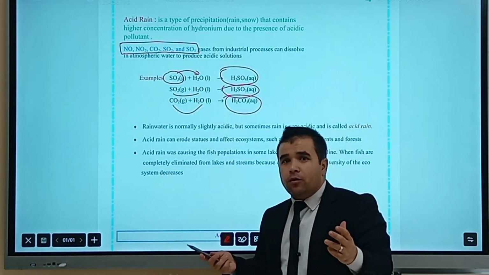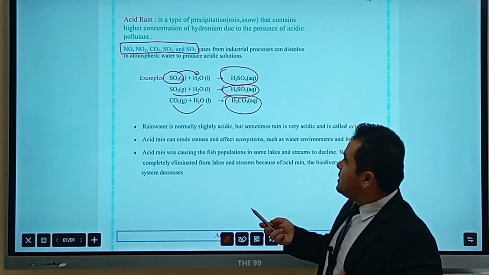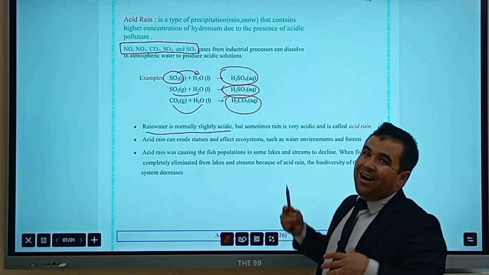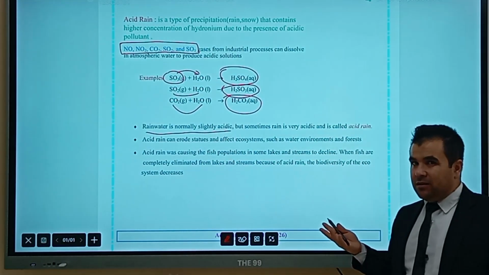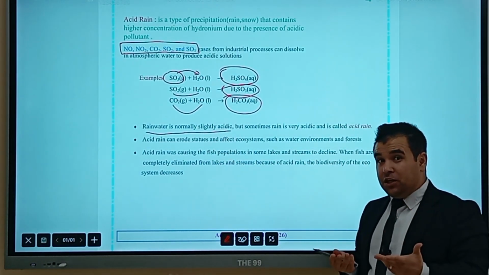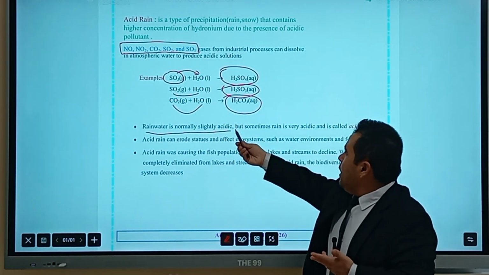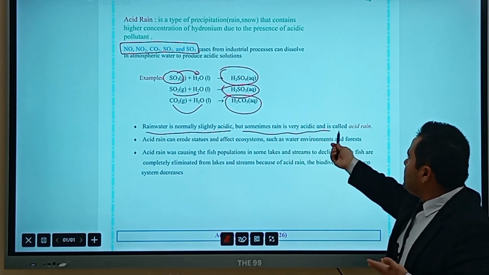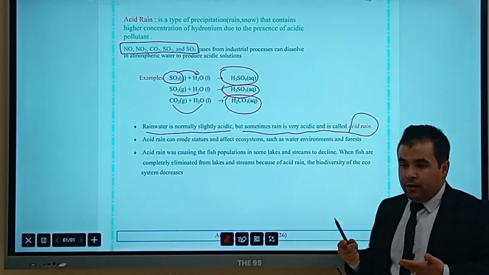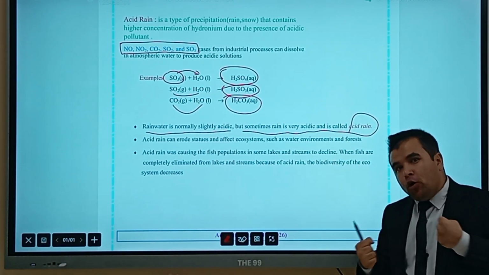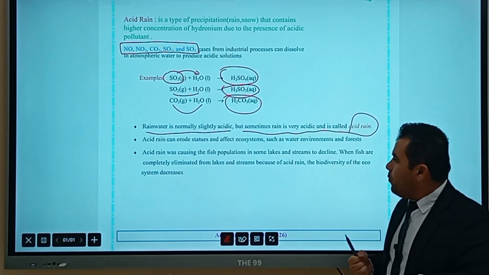What are the effects of acid rain? Rainwater is normally somewhat acidic, but sometimes rain is very acidic and is called acid rain, when the pollutant gases react with H2O.